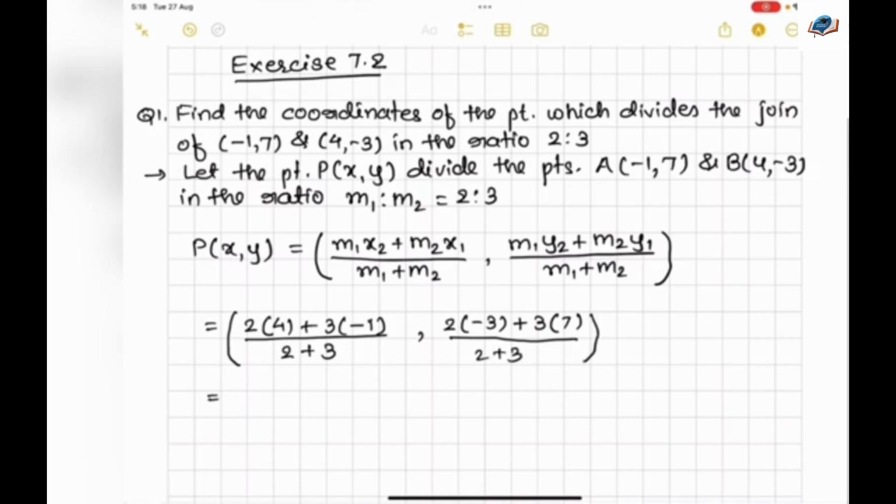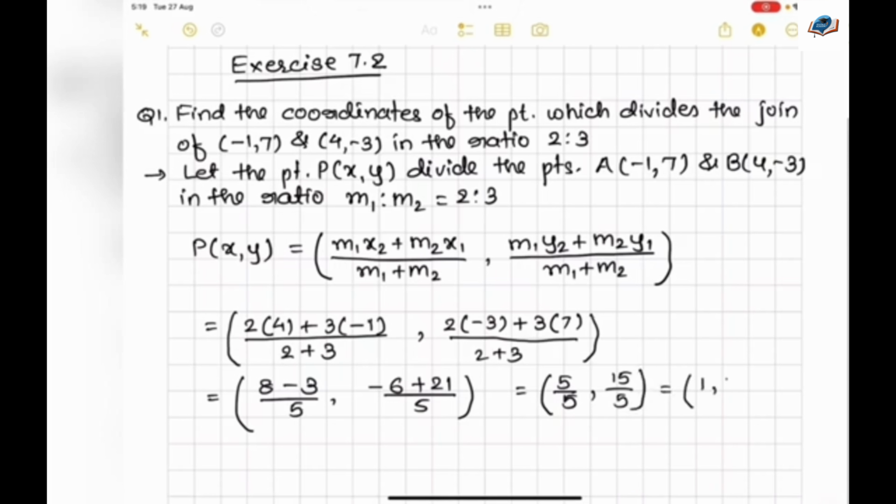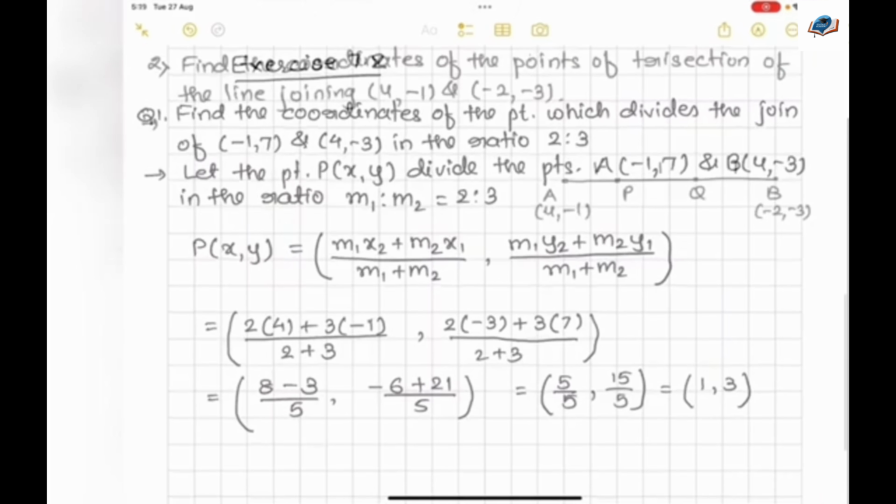So this will be (8 minus 3) by 5, comma, (-6 plus 21) upon 5. So 8 minus 3 will be 5 by 5, comma, 15 by 5. So if I cut 5, that will be 1, comma, 3. So this is my answer.